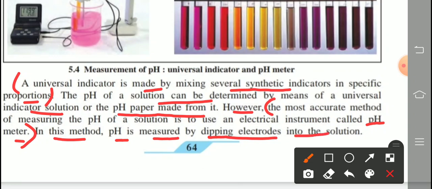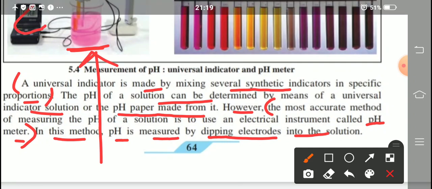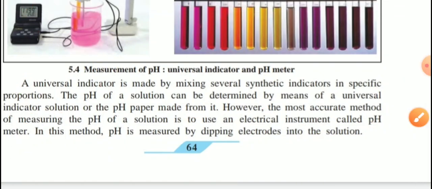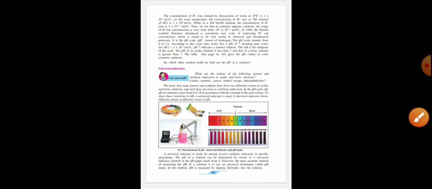See in this diagram, the pH meter is shown here. The electrodes are dipped in the testing solution, the sample solution, and values are obtained here on the pH meter. Check those values. According to those values, we find out whether the given sample solution is acidic, basic or neutral. Clear?